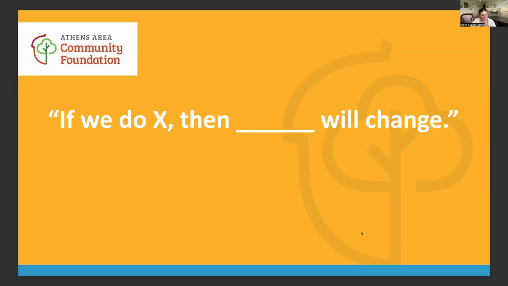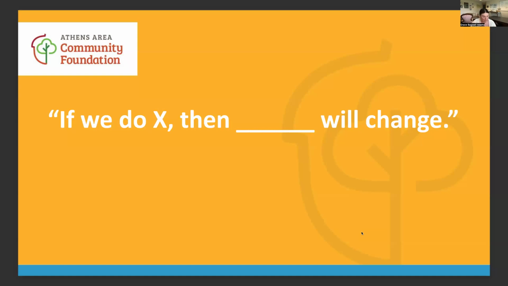Here's an example. If we provide 1,000 free health screenings in the community, now that's an output, then we expect to identify and engage individuals with untreated health conditions. That's the outcome that we would expect from this intervention.